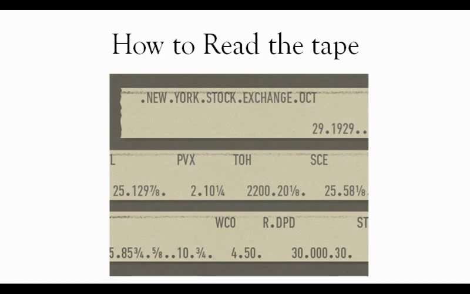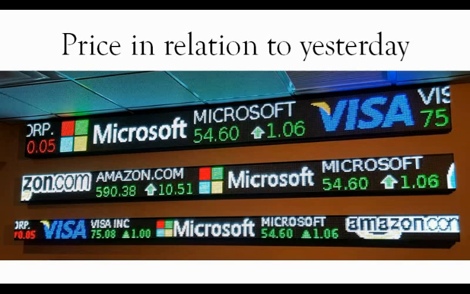So when you're seeing a tape, this is what you're actually looking at, and this is a typical example of a tape. The modern day picture that we see of a tape is exactly this. So it's basically the same thing. What we have is the company, and we have the price, and we have the movement of price and the direction of price.